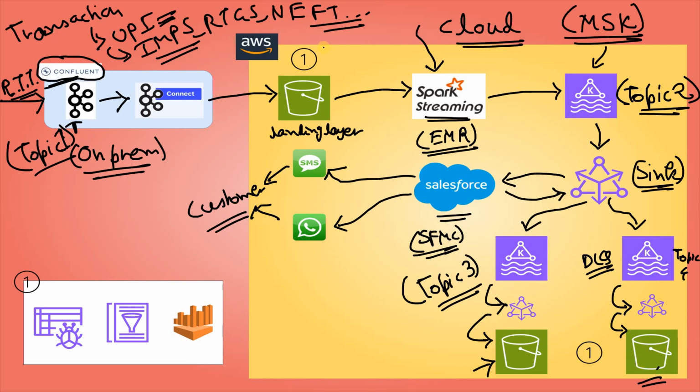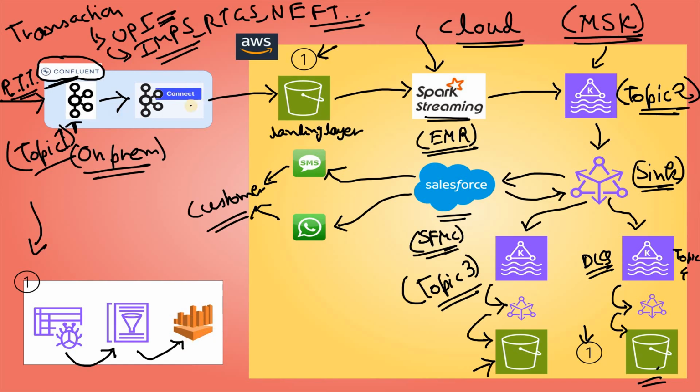Okay, and in each layer you might see these kind of symbols like 1, then here again 1. So what this 1 symbol is basically depicting is shown here. It is basically a common template architecture that glue crawler basically crawls some S3 folder, then it updates the schema in glue catalog, and from that catalog we can query the data using AWS Athena.